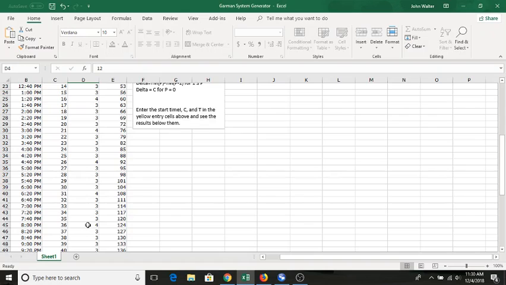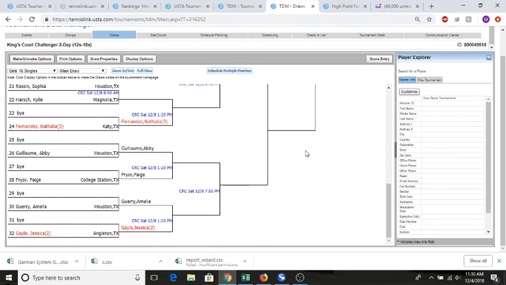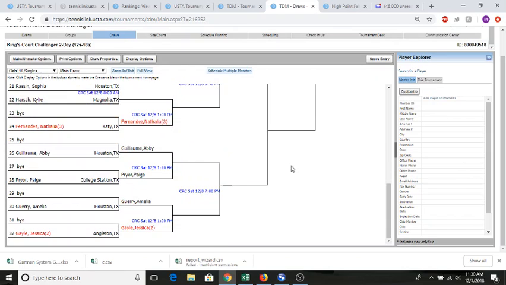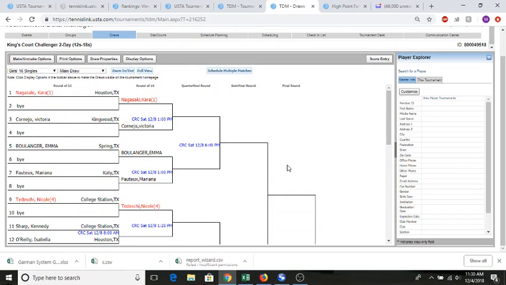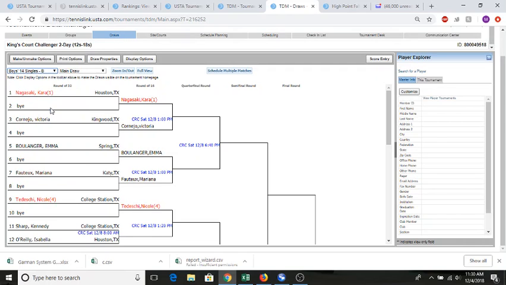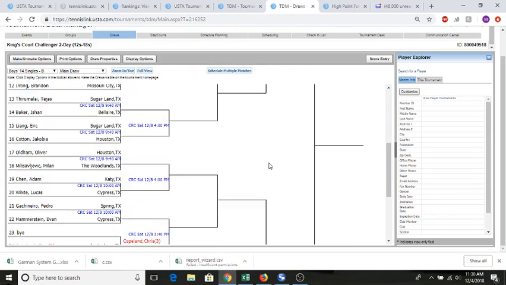That means this is going to go pretty late into the night, which I don't like, matches going on that late. So assuming this TD could not get more courts because they did not schedule correctly, we're going to go ahead and waive the boys 14s A and B main draws until Sunday, which isn't ideal, but that's what we have to do here.